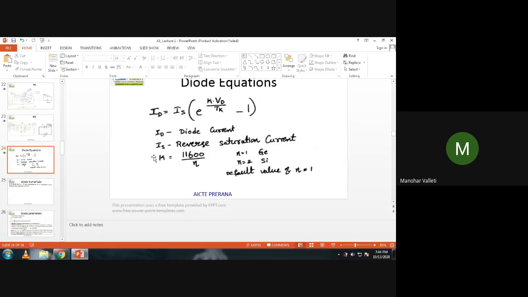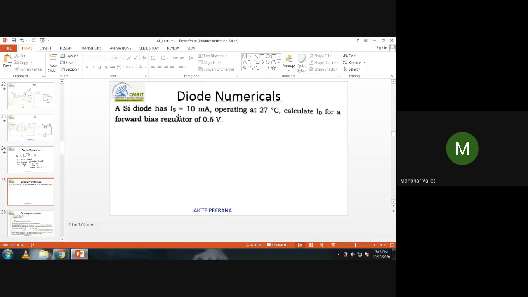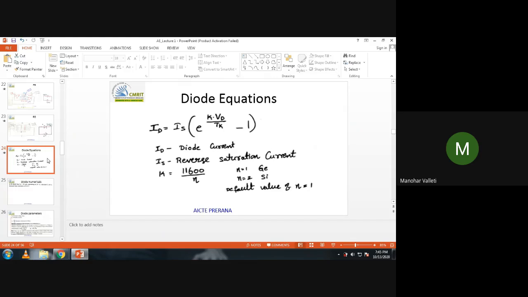It has to be micro, but it is given milli, that's why we get 1.09 kiloamps. Generally, reverse saturation current will be in the range of microamps, whereas I_D is in milliamps. But here in the problem, I_S itself is given in milliamps, so that's why you're getting more current. A correction here: if you substitute microamps, then you will get milliamps range. Generally, for a forward bias diode, the forward current will be in the range of milliamps.